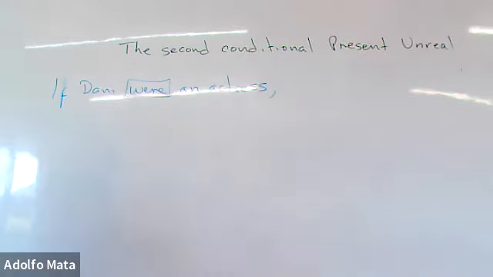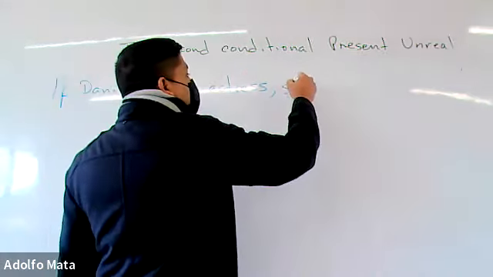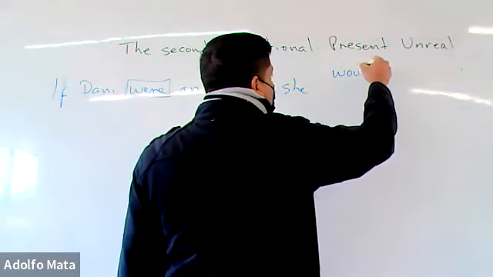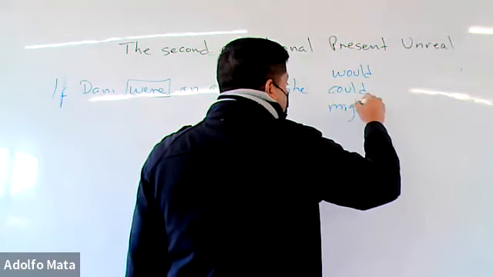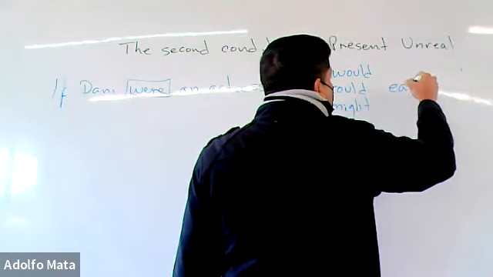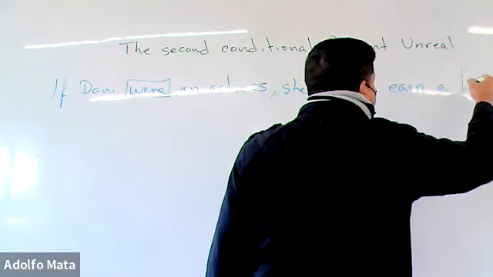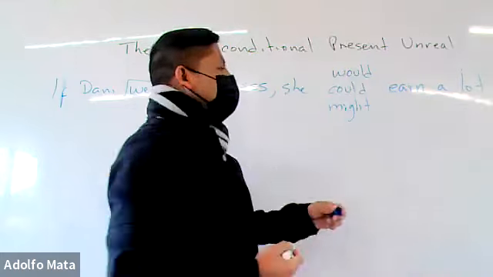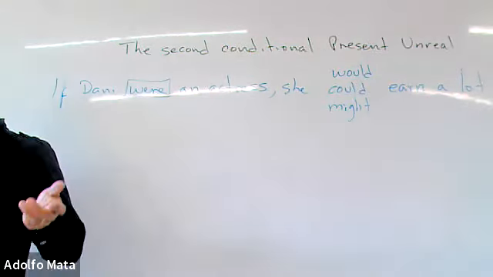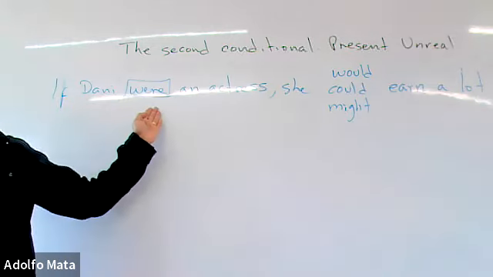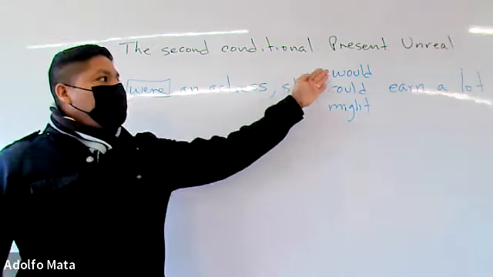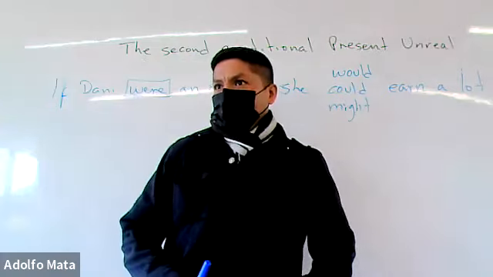Okay, if Danny were an actress, comma, she would, she could, or she might earn a lot. But she's not an actress, she's a student, she doesn't earn anything. Si Dani fuera actriz, ella ganaría mucho.